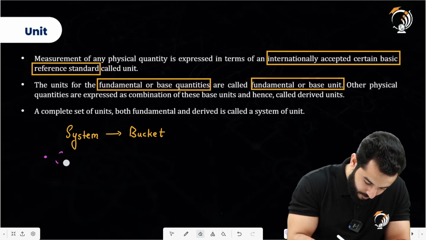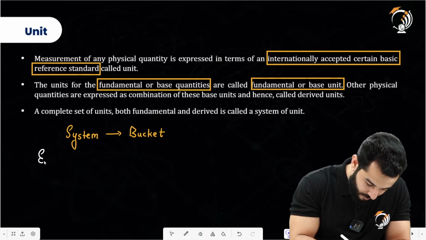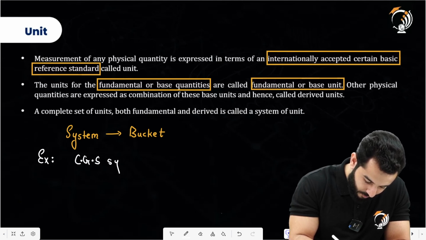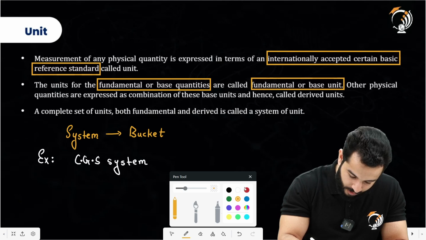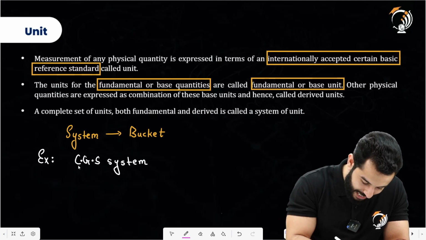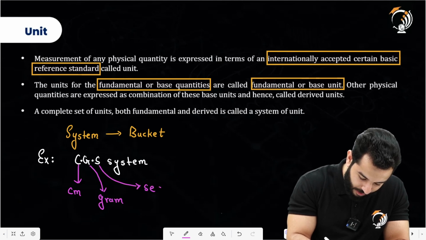In the CGS system, length is measured in centimeter, mass is measured in gram, and time is measured in second.